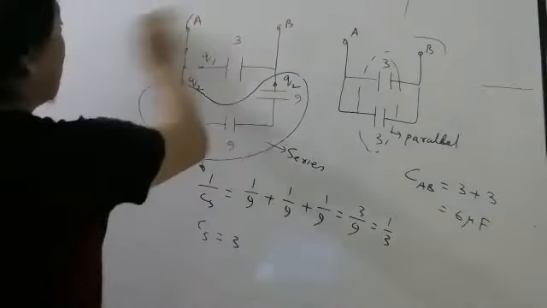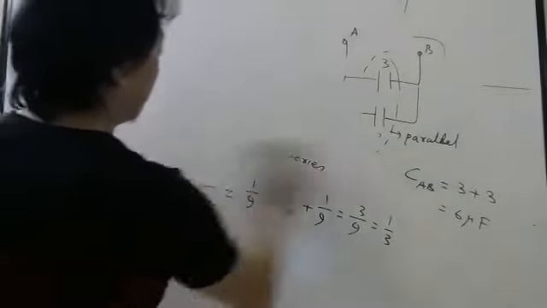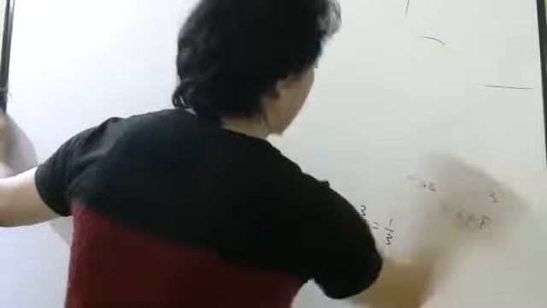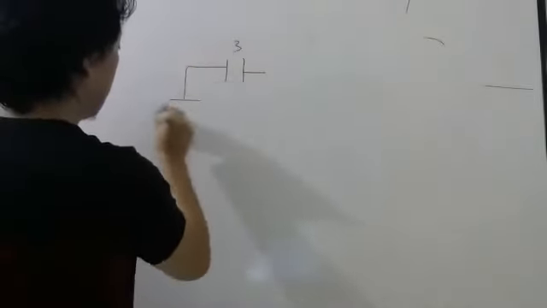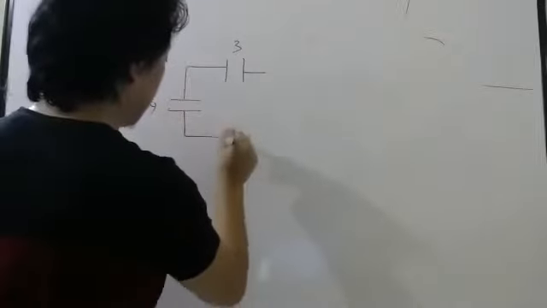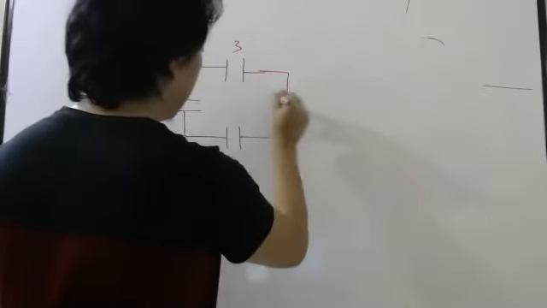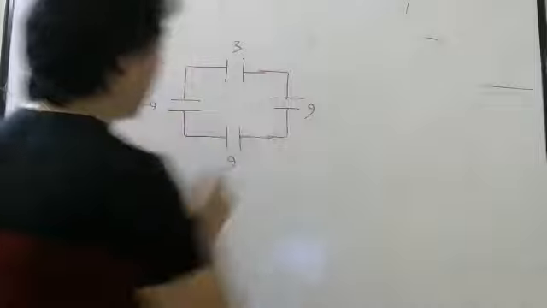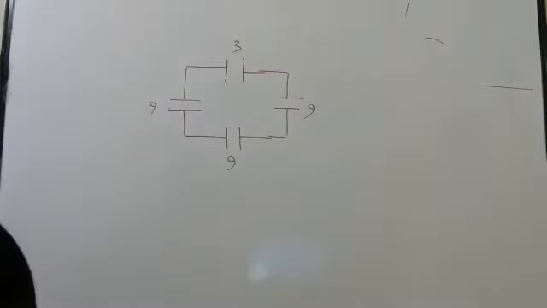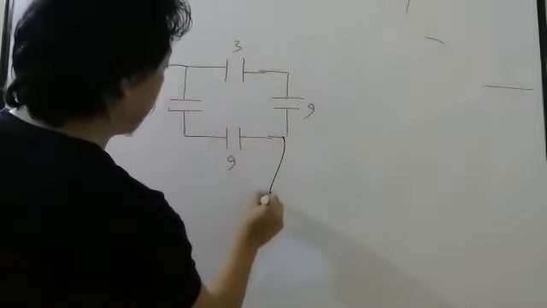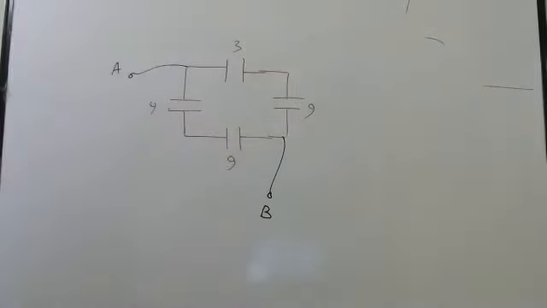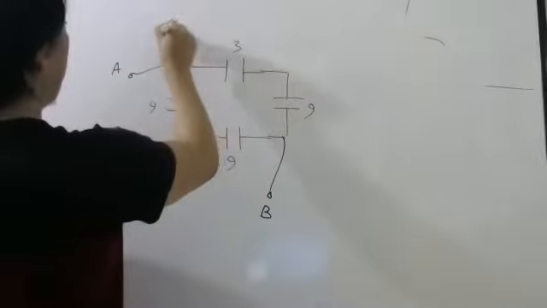So now look here, same question. 3 microfarad, 9 microfarad, 9 microfarad, 9 microfarad. But this time I want equivalent capacitance between this and this, not between this and this.